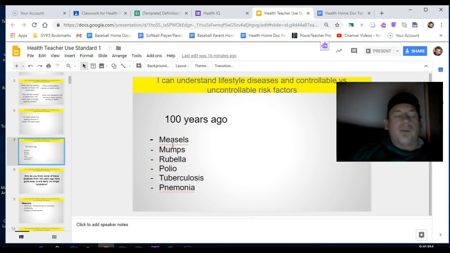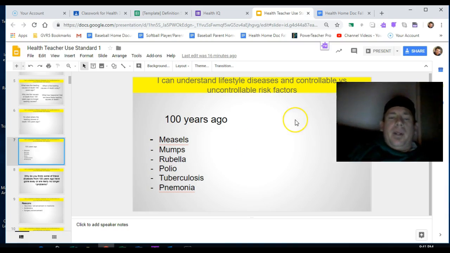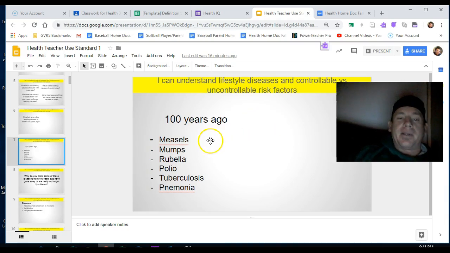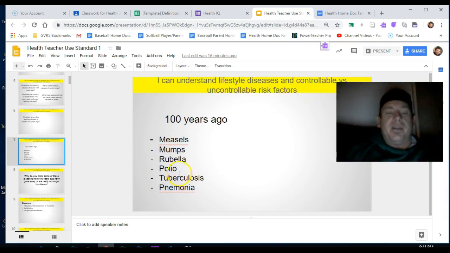When you have a small child who's 6 months, 9 months, even up to a year, 18 months, they're getting vaccinations for these things in a sequential order. But if you look at what our country has really developed, it's vaccinations and antibiotics to help combat some of these things. Some of these diseases were killing people by the hundreds of thousands. It was not uncommon for you to look over at your classmate near you and then notice a few weeks later that they're not there anymore because they had passed away of some sort of disease.